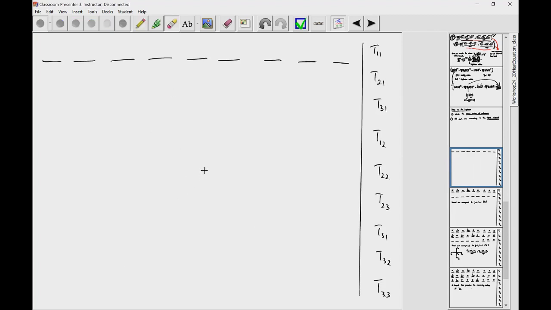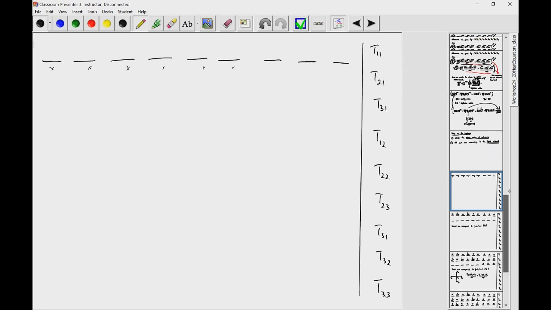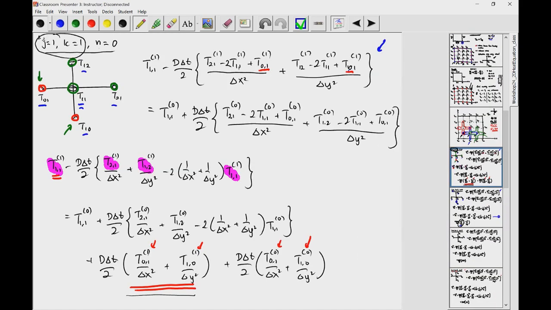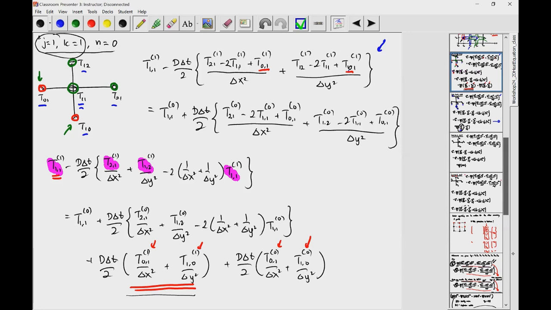So what do we need to do? We need to again apply the stencil as we have done before. This is the first row, and you can see there will be 9 spaces for you to fill in the 9 coefficients. The first row will always correspond to the first equation, and the first equation is the first collocation. If you recall, the first collocation is when j equals 1 and k equals 1.